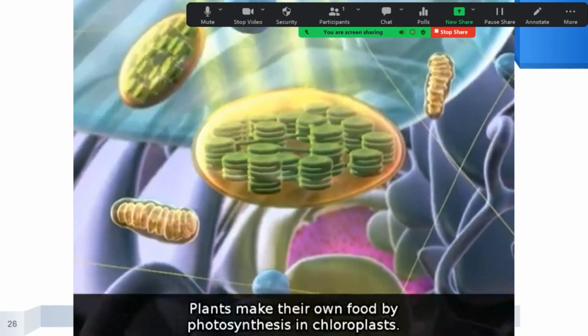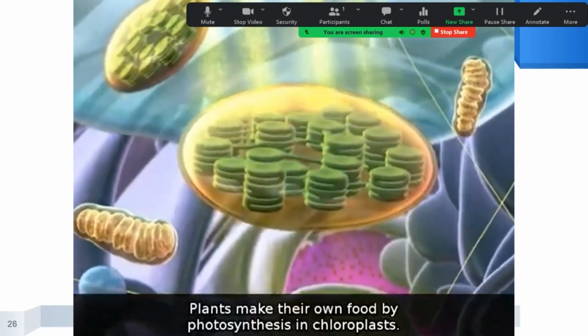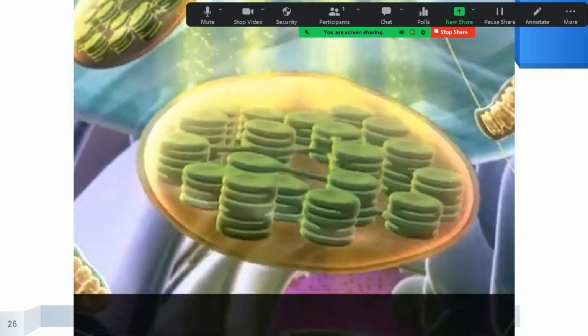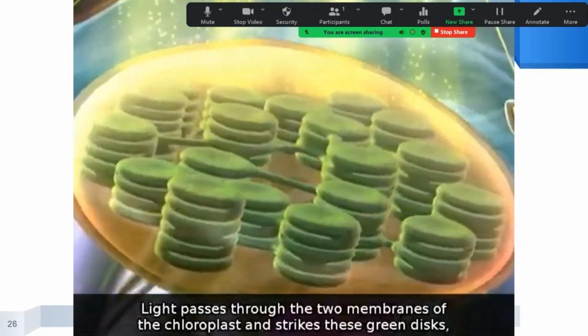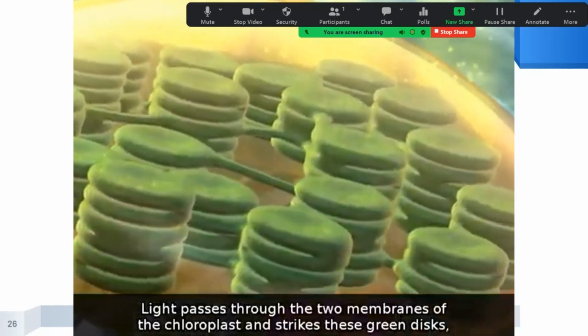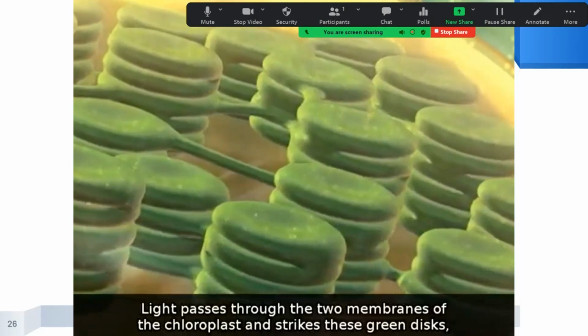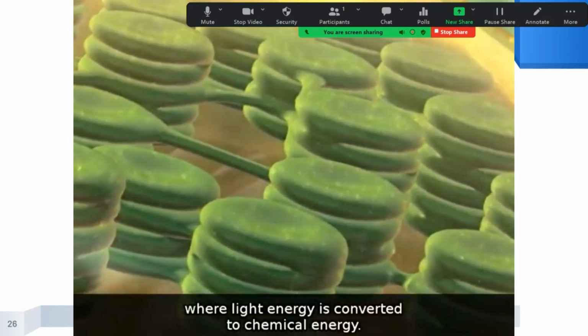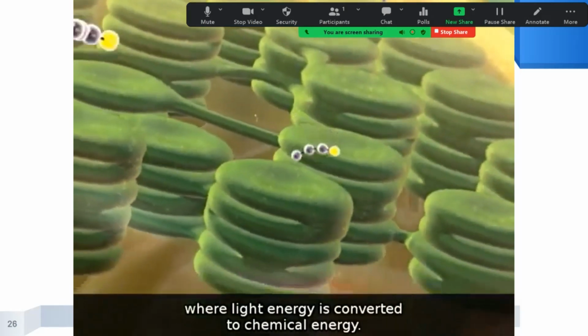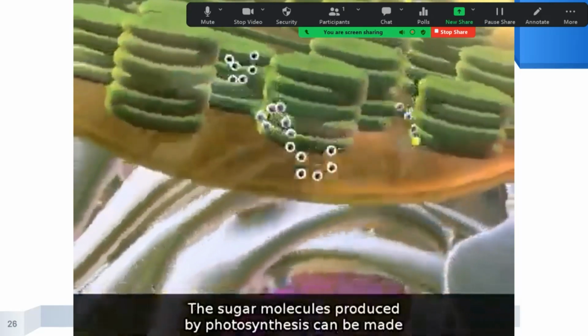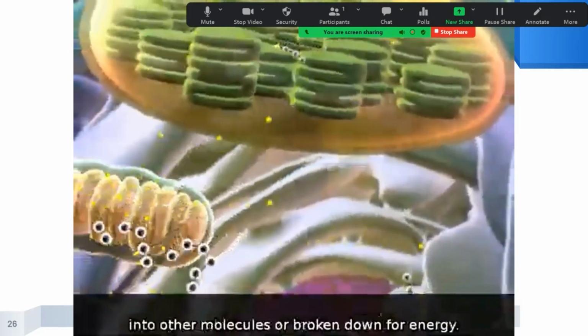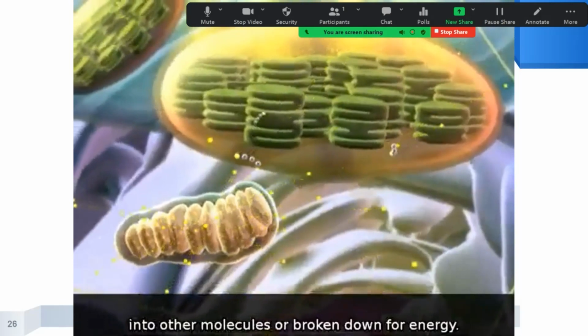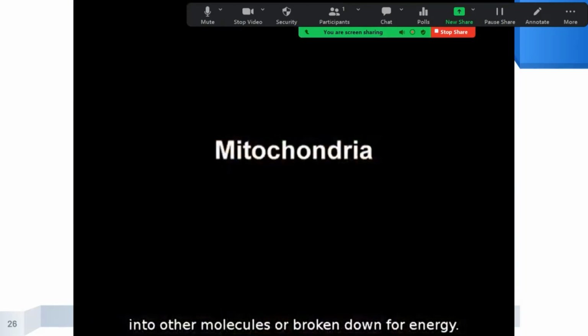Plants make their own food by photosynthesis in chloroplasts. Light passes through the 2 membranes of the chloroplast and strikes these green discs, where light energy is converted to chemical energy. The sugar molecules produced by photosynthesis can be made into other molecules or broken down for energy.